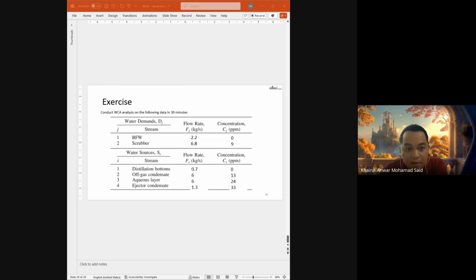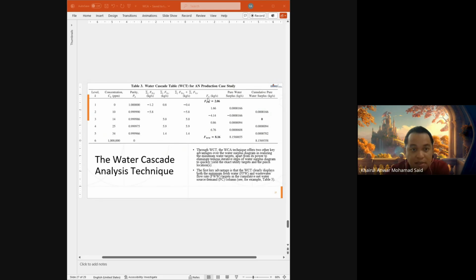So the target for this exercise, 3.592. FFW target, 3.592.